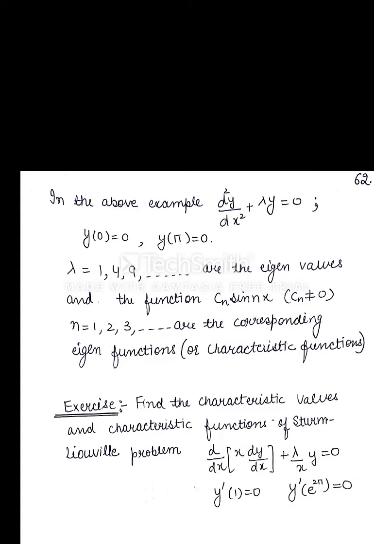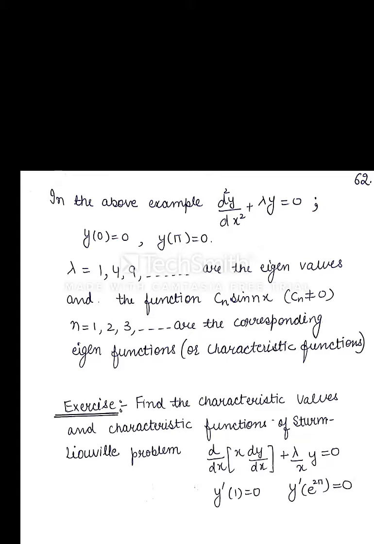And thus, in the above example, we get that lambda equal to 1, 4, 9 and so on are the eigenvalues, because corresponding to lambda positive only, that is lambda equal to n² with n equal to 1, 2, 3 and so on, we are getting the non-trivial solutions.